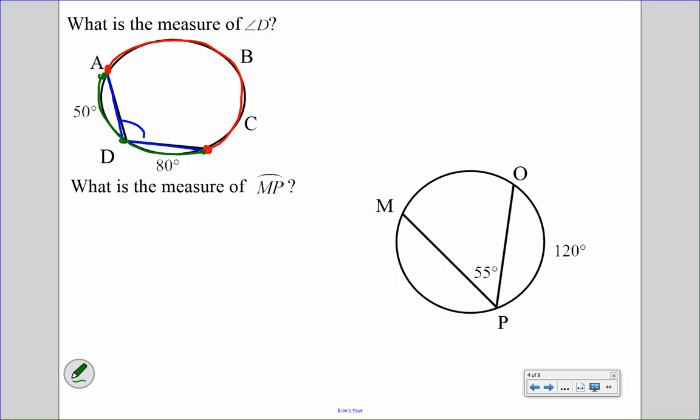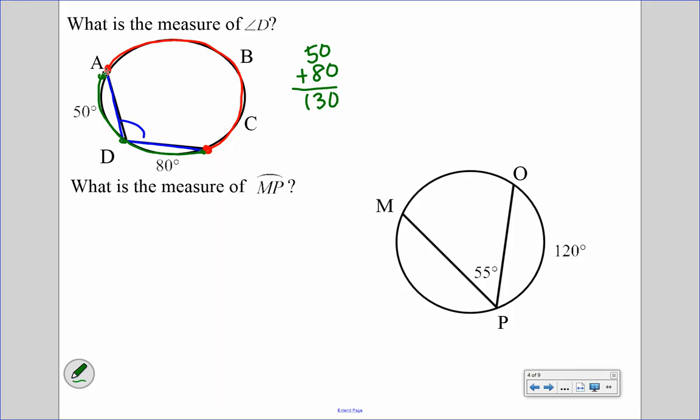So if you notice, I have this green piece, which is 50 and 80, and we're looking for the red piece. So what we can do to find the red piece is we can add 50 plus 80. We can add those two pieces together, and we get 130 degrees. So the green piece, let's do that in green so it matches. So 50 plus 80 is 130.